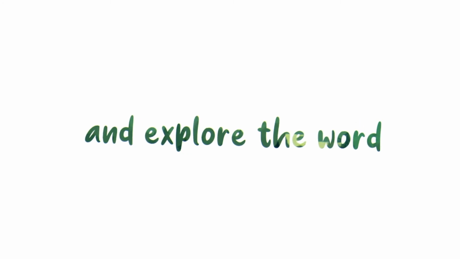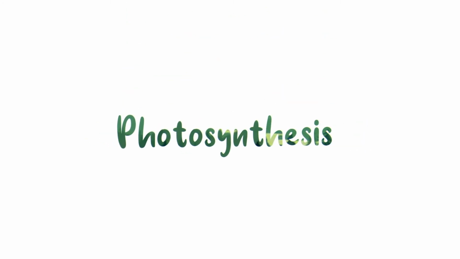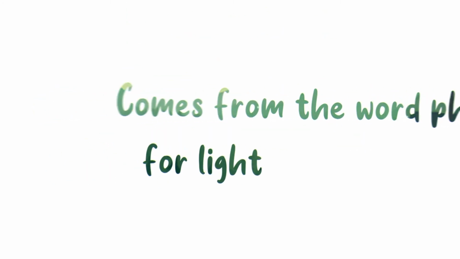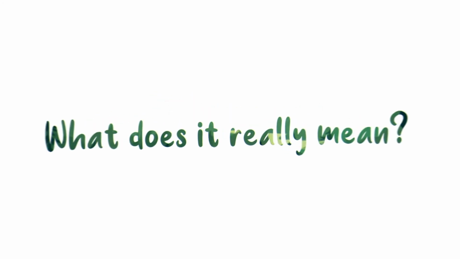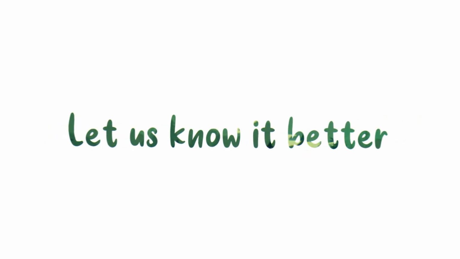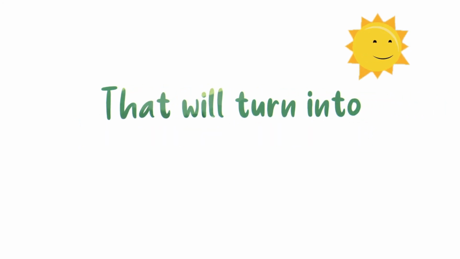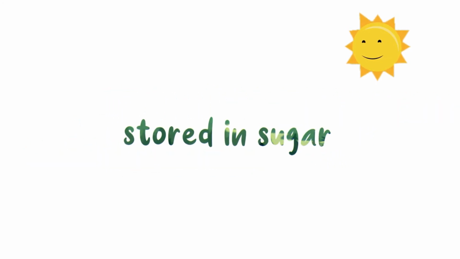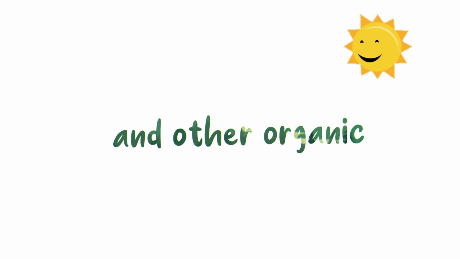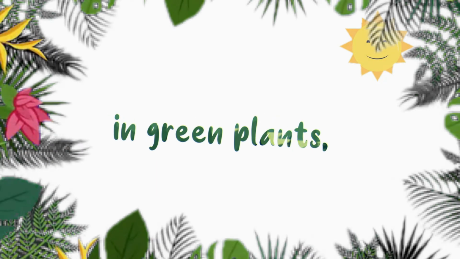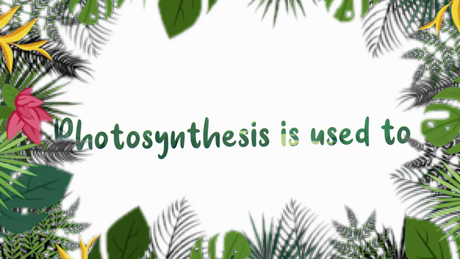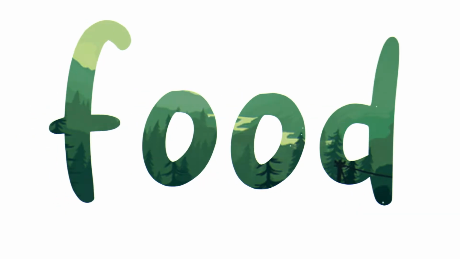Let us review and explain the word photosynthesis comes from the word photo for light and big word synthesis. That means putting together. Easy to remember. What does it really mean? Let us know it better. The process that transforms light energy, the source is the sun, that will turn into chemical energy stored in sugar and other organic molecules in green. Plants photosynthesis is used to make their food.